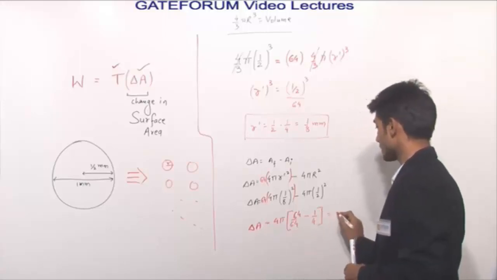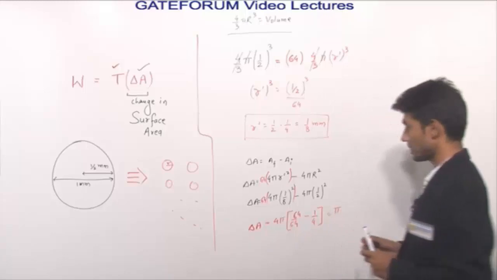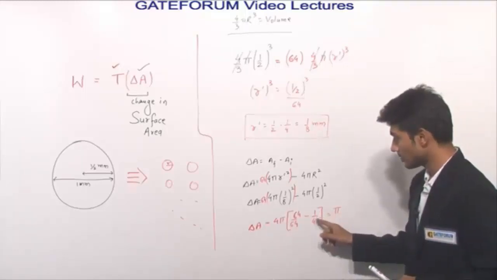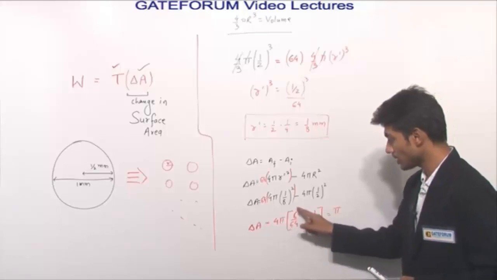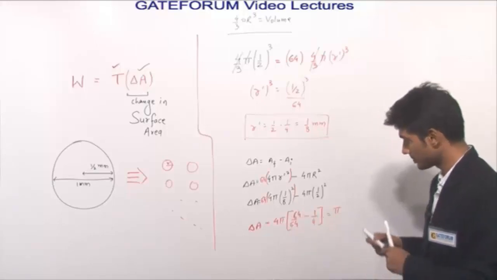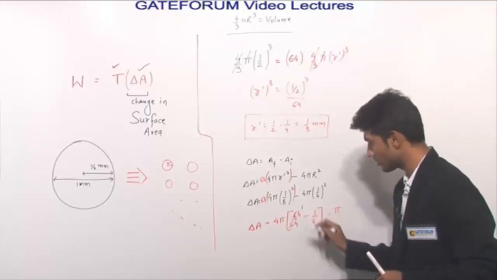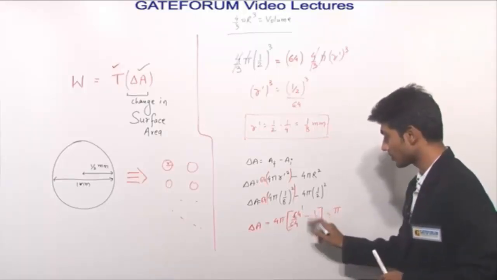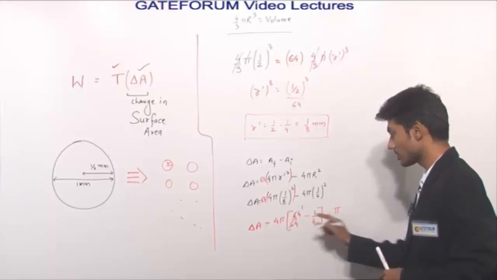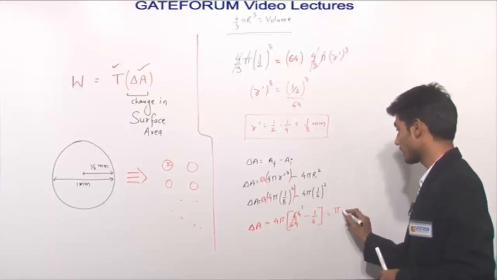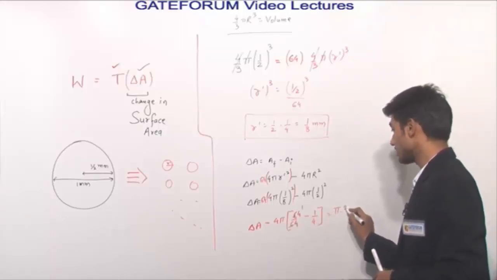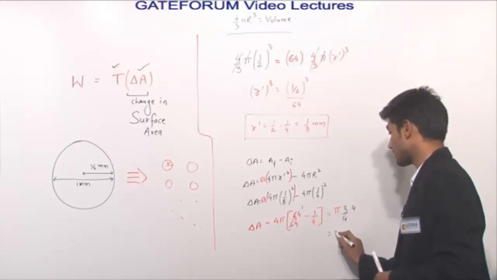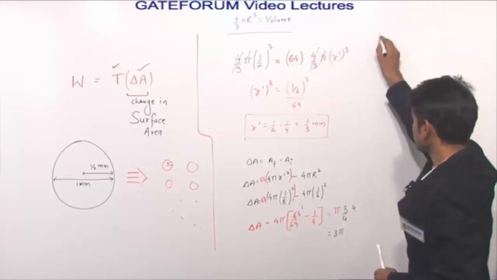So you can write it as pi. This 4 pi, here it is 1. It will become 1, and 1 minus 1 by 4 is 3 by 4. 3 by 4 multiplied by 4 pi, so we'll get the answer as 3 pi.